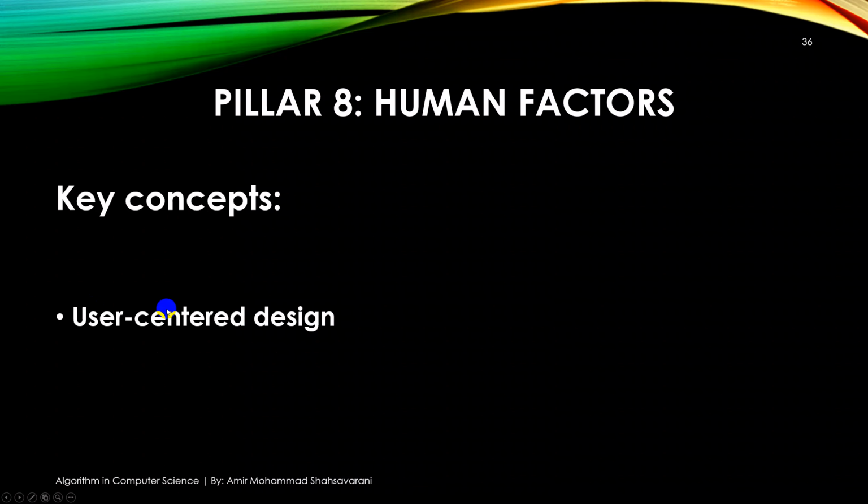First, user-centered design. User-centered design is a design approach that prioritizes user needs, goals, and behaviors, tailoring the design so that our user would be more comfortable. We call it user-friendly.